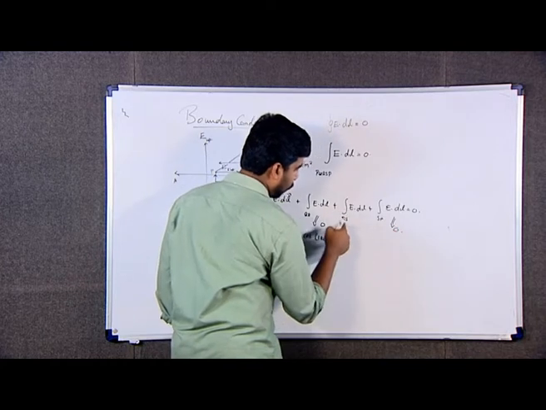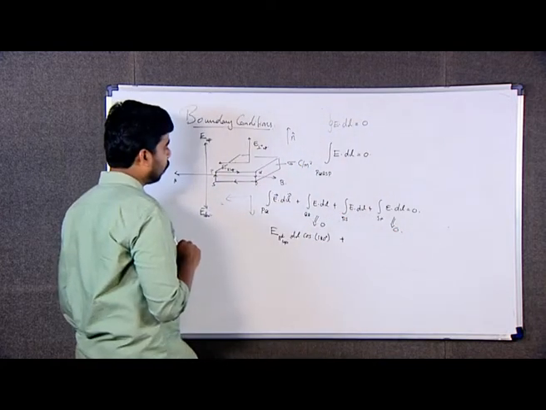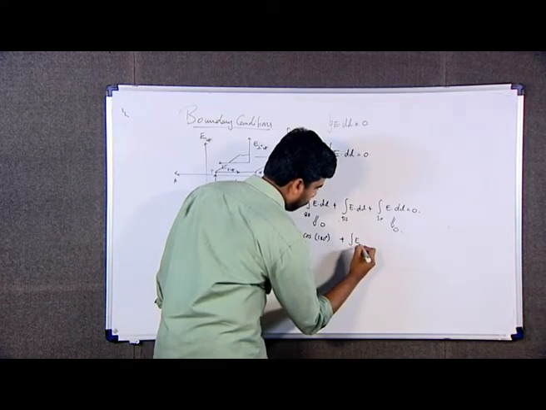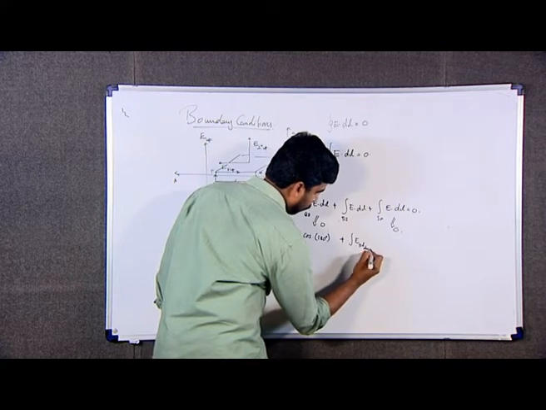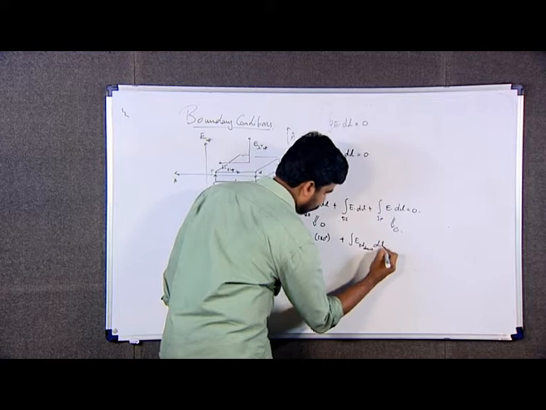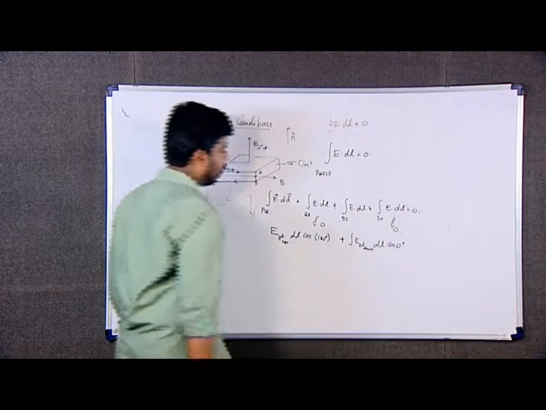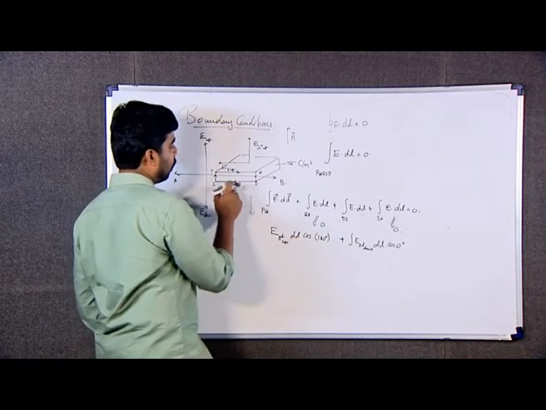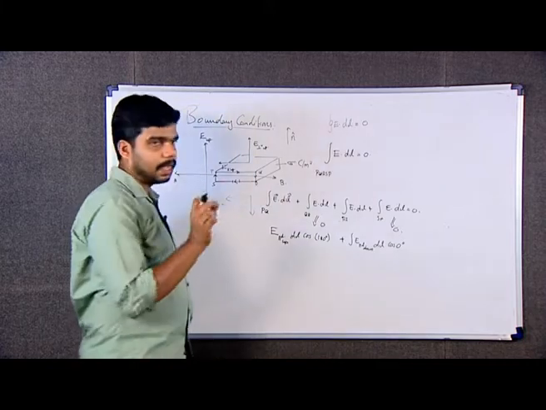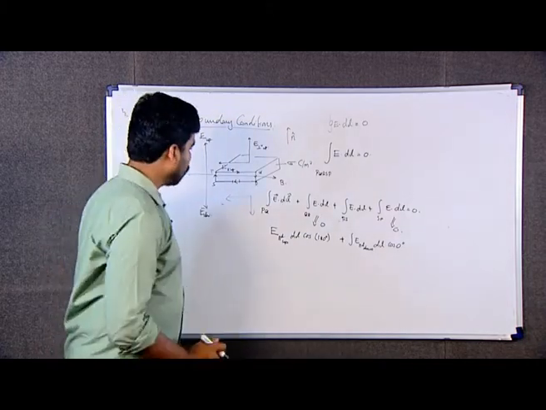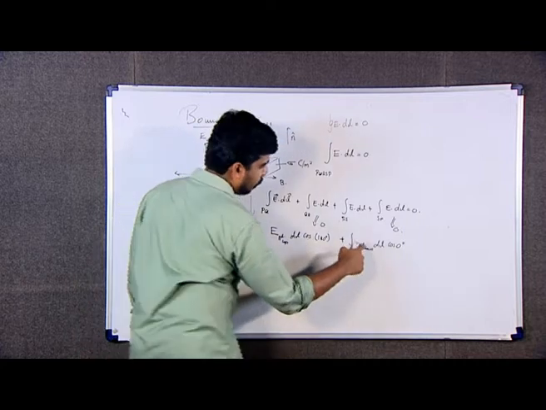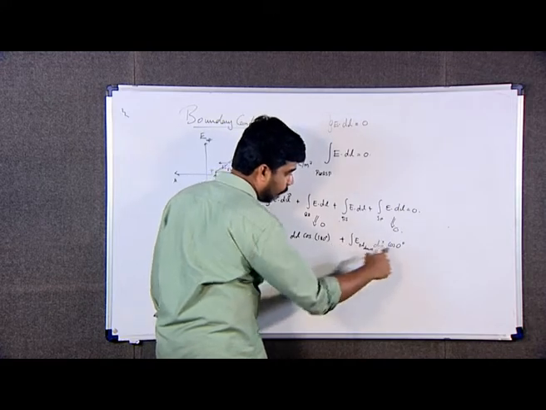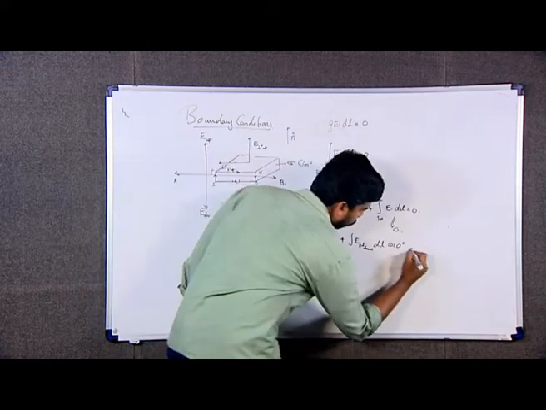Now, what about integral RS of E dot dl? Integral RS of E dot dl will give you integral E parallel down component dl cos 0 degree, where this angle lies between the direction of the electric field and the direction in which it is moving, the angle between dl and E. Now, E parallel up dl cos 180 plus E parallel down dl cos 0 degree is equal to 0.